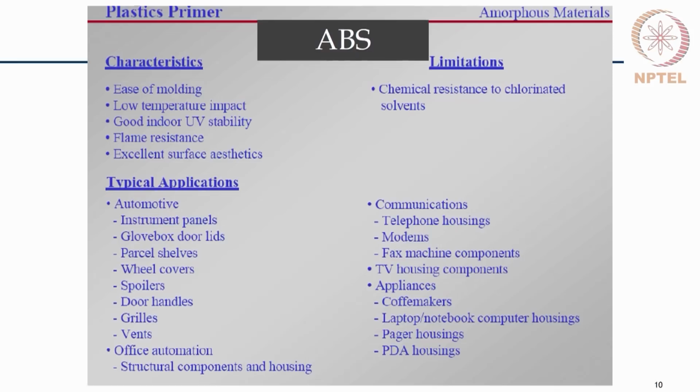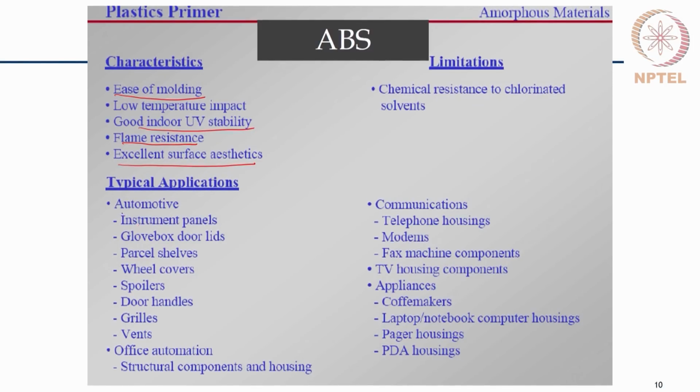One of the other important materials is ABS. This is used primarily because of the excellent surface characteristics and ease of molding, apart from several other characteristics like flame resistance and UV stability.